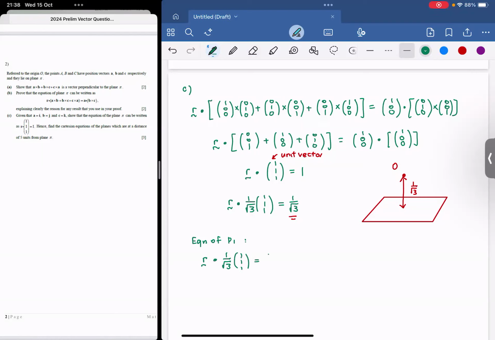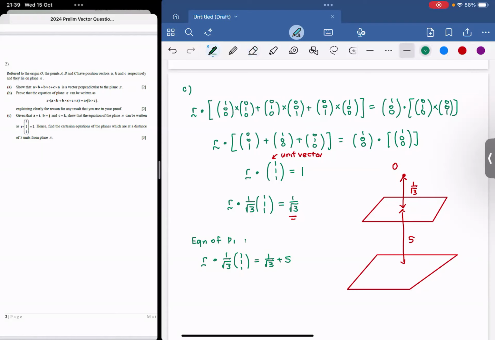So it will be this one plus 5. Okay, because you need to be further 5 units away. So like this is the plane. If it's another 5 units from this plane, that means it's 5 plus 1 over square root 3 units from the origin.